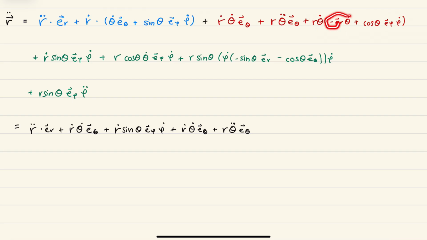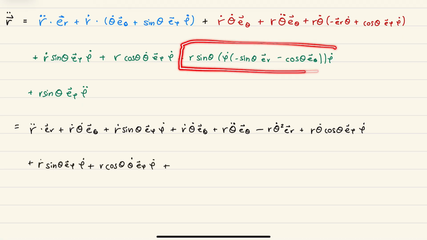And since we have this negative sign right here, we're going to get minus r theta dot squared er plus r theta dot cosine theta e phi phi dot. For those two, there is nothing to distribute, so we can just copy them again.